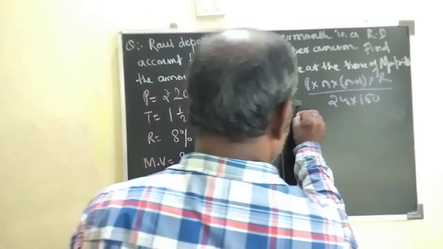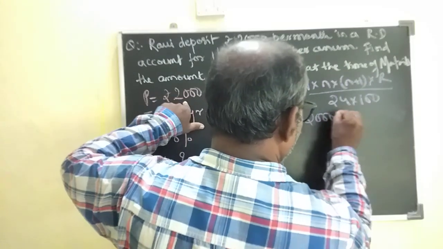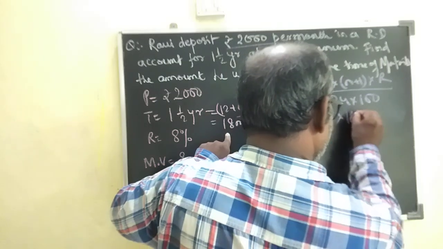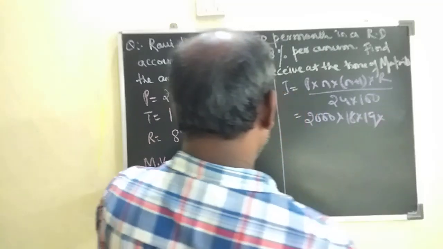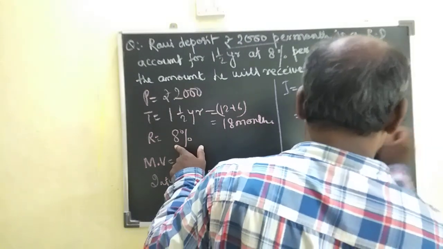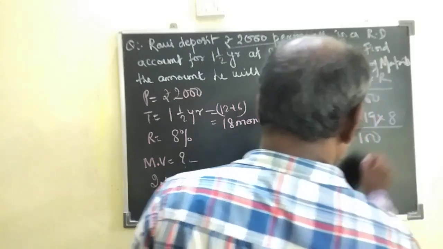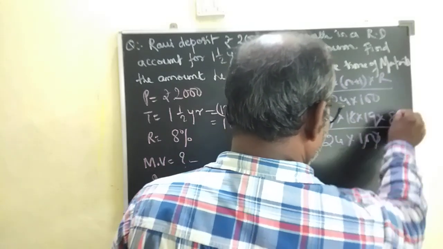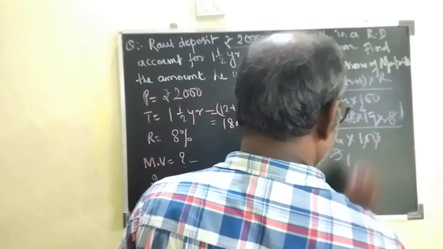So here I equals P, which is given as 2000, so here we write 2000 into n. n is 18, so we write 18 into 19, because n is 18, 18 plus 1 is 19, into R. R is 8%. So we do the simplification. 8 ones are 8, 8 threes are 24, 3 ones are 3, 6.